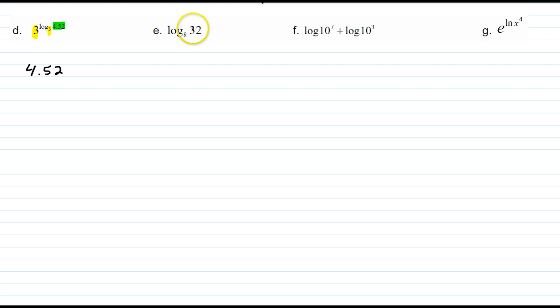So here we have log base 8 of 32. So the 32 doesn't really work for us because 8 squared is 64, and so if we were to see if we could rewrite it, this would be our base, this would be our exponent, this would be a 32.